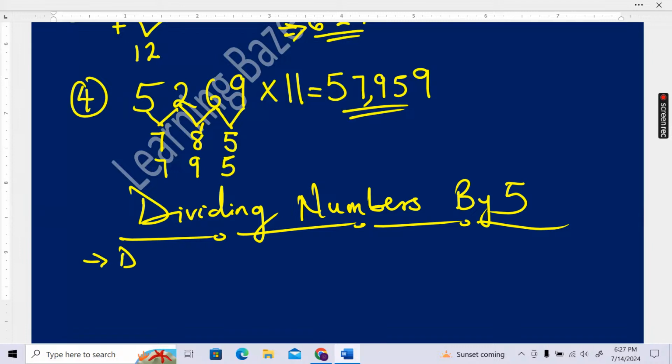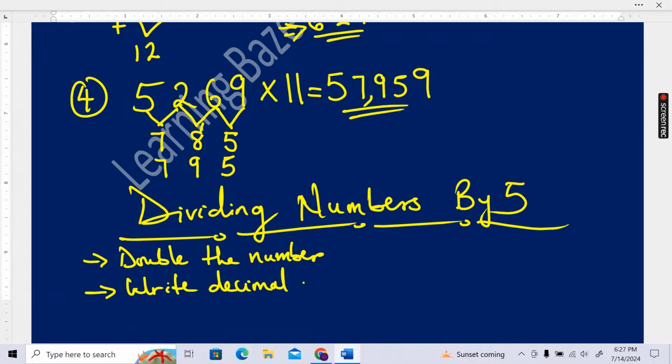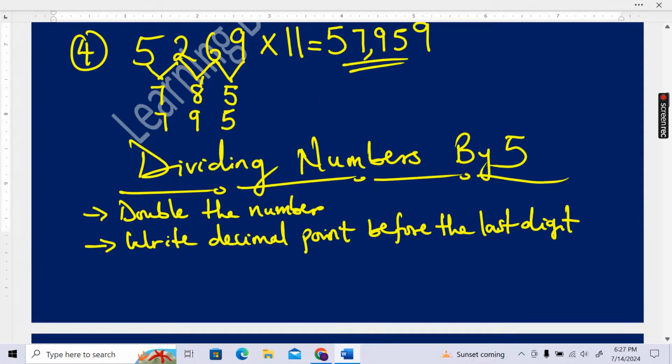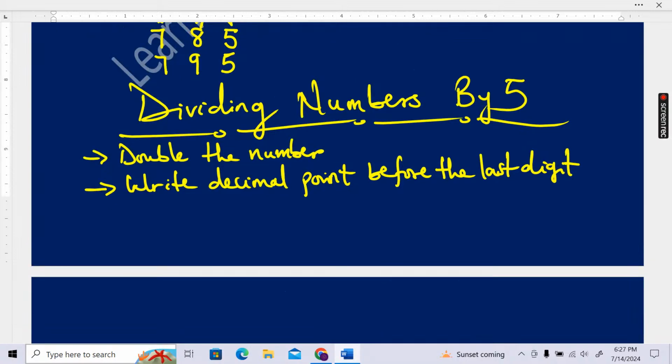The rule is double the number and write a decimal point before the last digit of the number. All right, double the number and write a decimal point before the last digit.